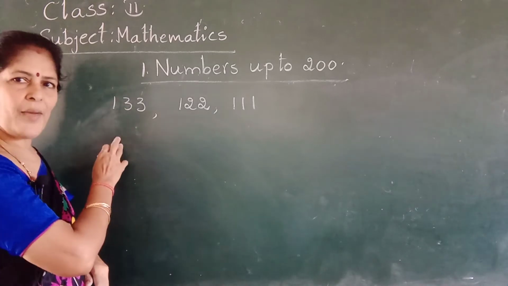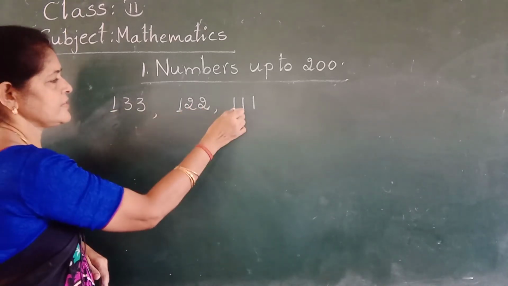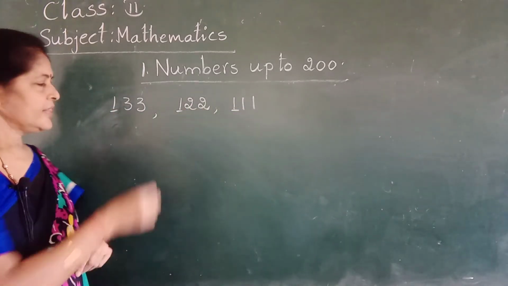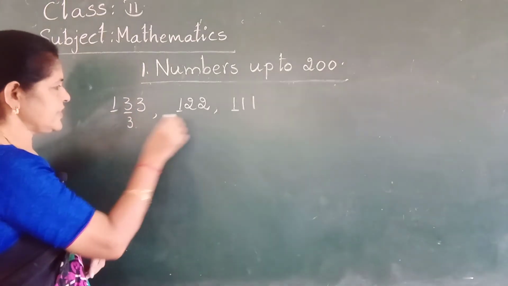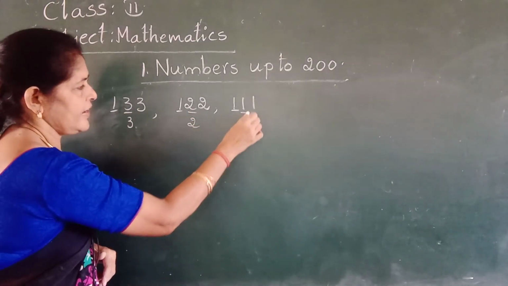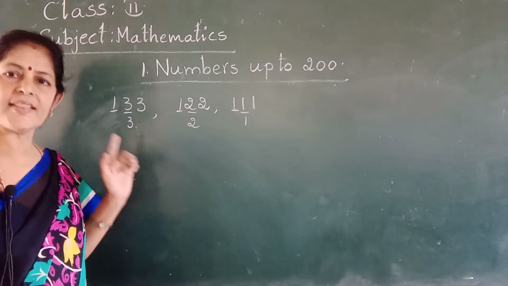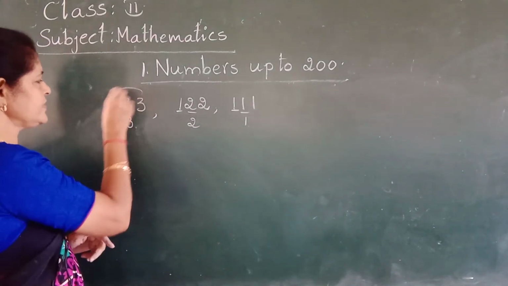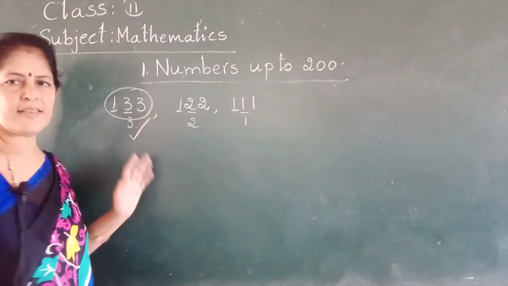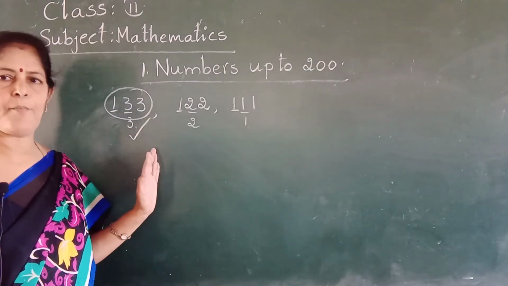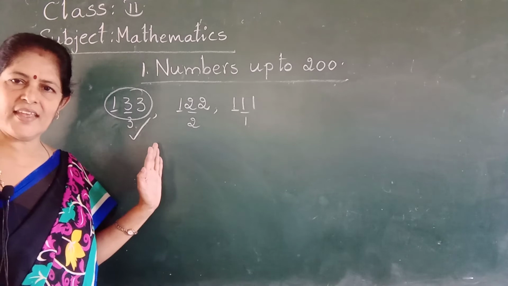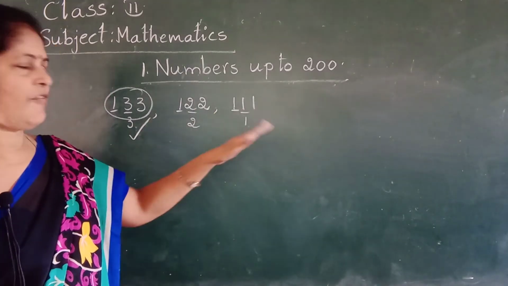See. How to compare? Hundreds place having same number, then go to tens. Here 3 is there, here 2 is there, here 1 is there. 3, 2, 1. Which is the big? 3 is the big. That means 133 is big number.